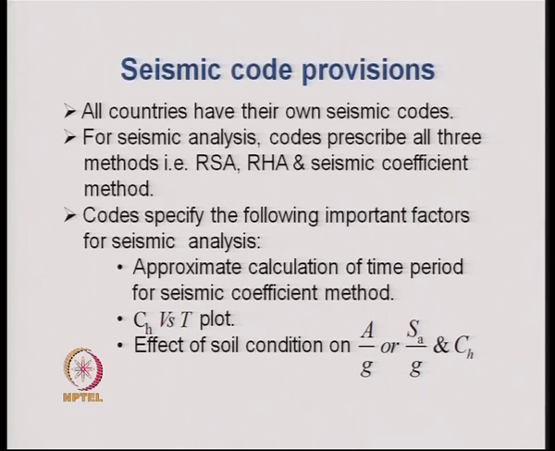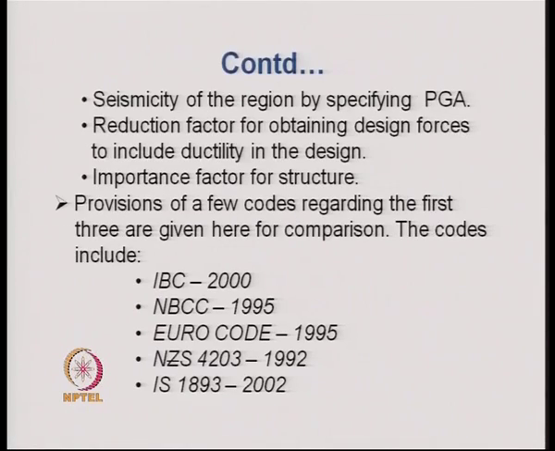Then we look into the CH versus time period plot and the effect of soil condition on SA by G and CH with T. So, our discussion here would be mainly centered around these three things which are given in the code.